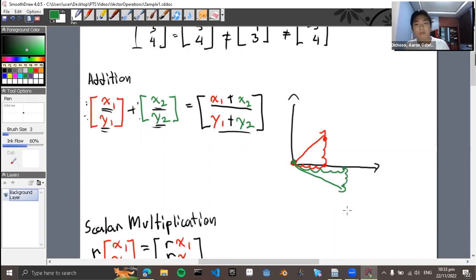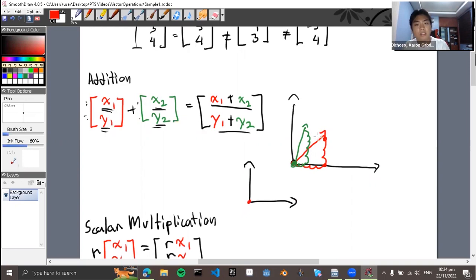Adding them together would mean, let's say our second vector would look like this. A couple steps here, and then a couple steps up, okay? Then the added vector, the summation of these vectors, you can think of it as such. Let's draw it again here, just a smaller representation.